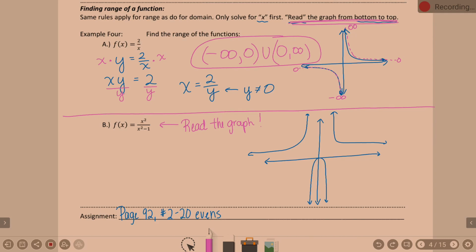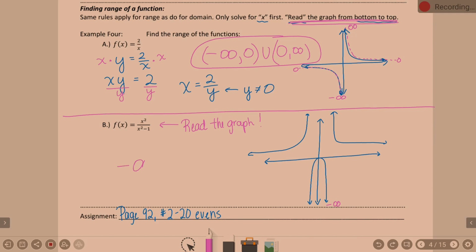We're in range mode. Y values. How low do we go? Are you with me? There's this upside down parabola, and what are both sides of it doing? It's going down to negative infinity. So what's my range going to start off as?